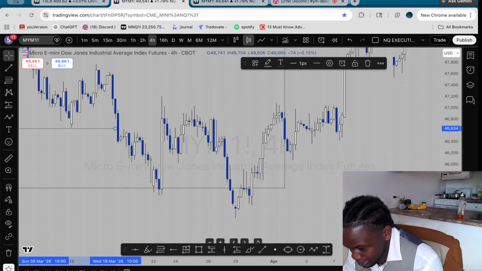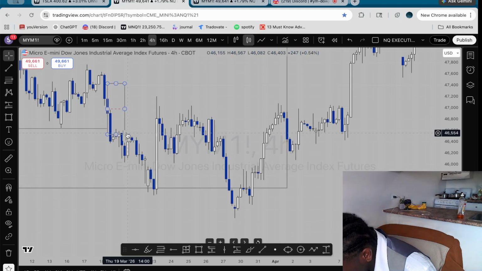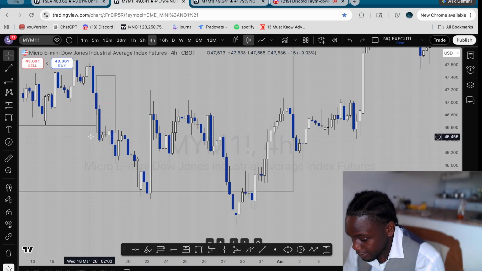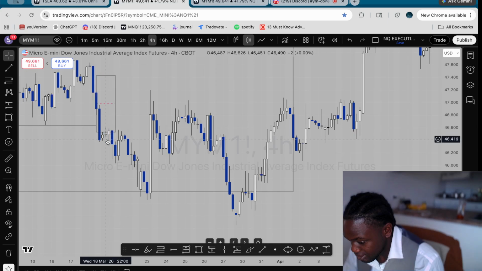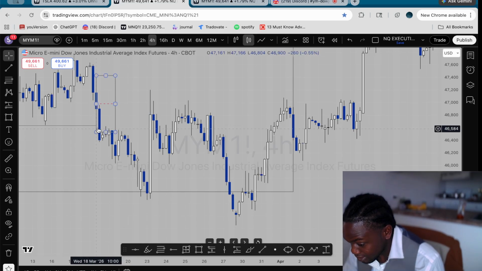Are there gaps? Yes, there are gaps. Where are the gaps? The gaps are created in all of these spaces. Does price trade into the gap? Yep. Price trades into the gap right here. As you can see, this candle trades into that gap, and then there's a failure. Price collapses.